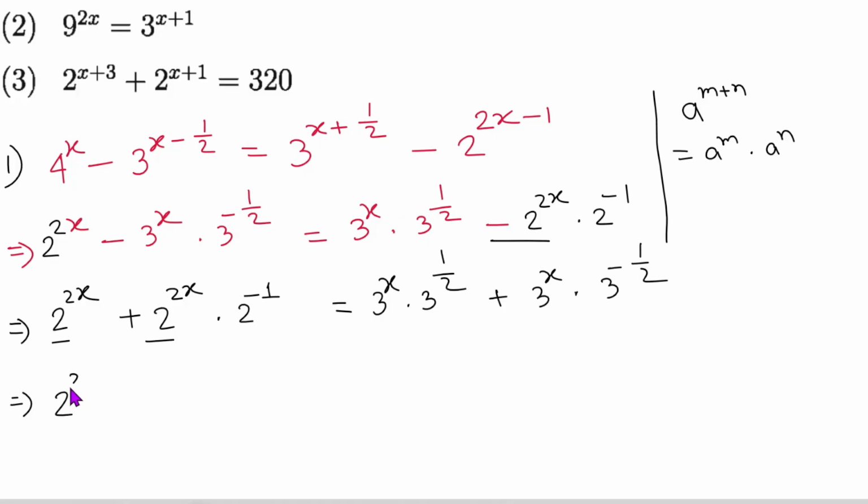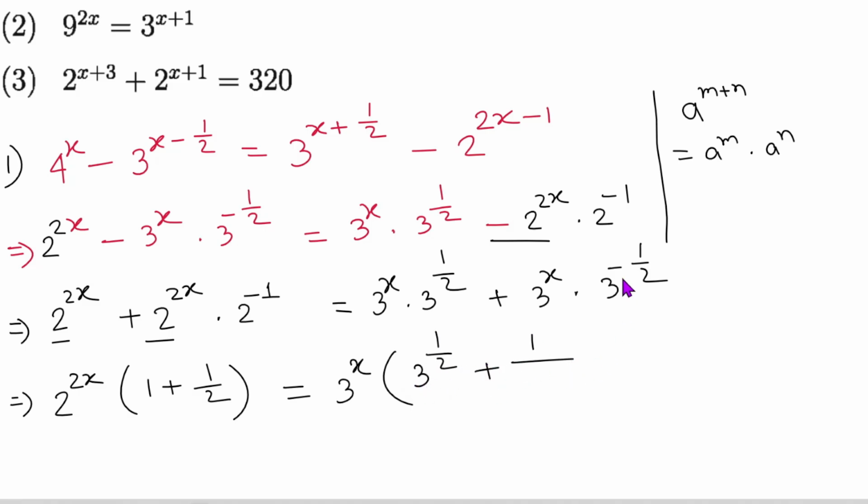So 2 to the power 2x here becomes 1 plus 1 by 2 equals, here we can take common 3 to the power x. So here is 3 to the power 1 by 2 plus 1 by 3 to the power 1 by 2. How? Because as per negative exponent, a to the power minus n means 1 by a to the power n.